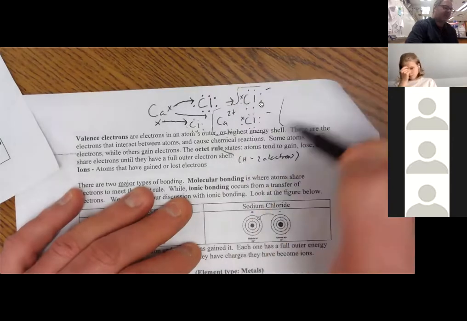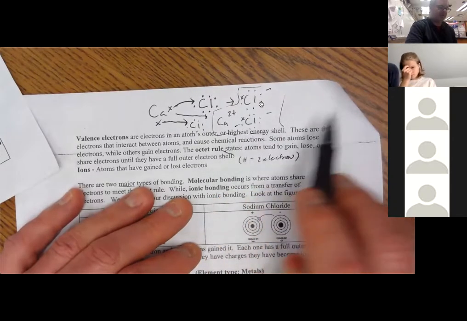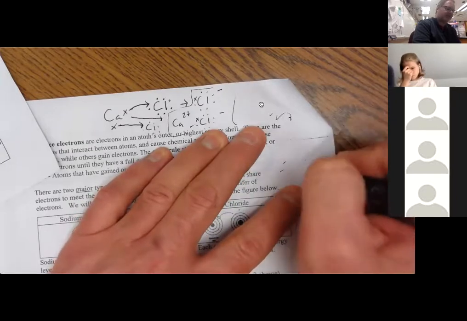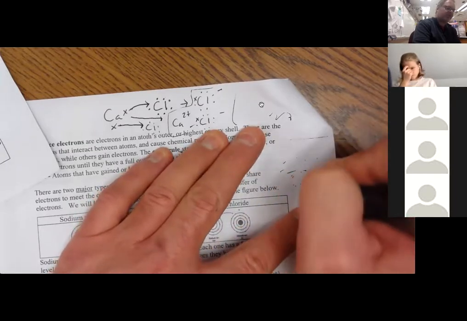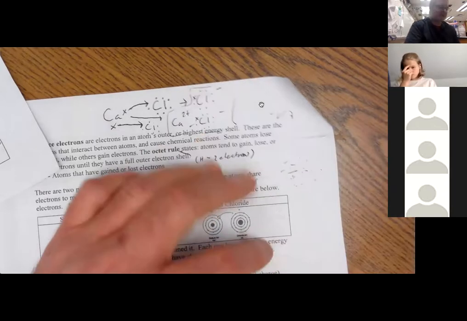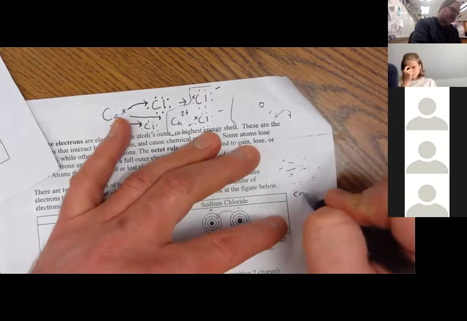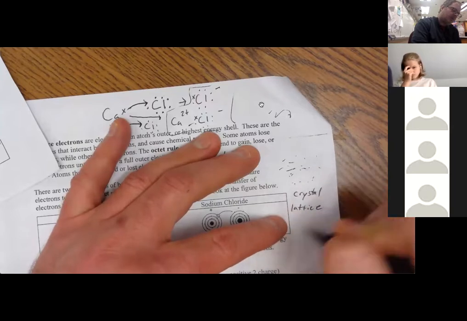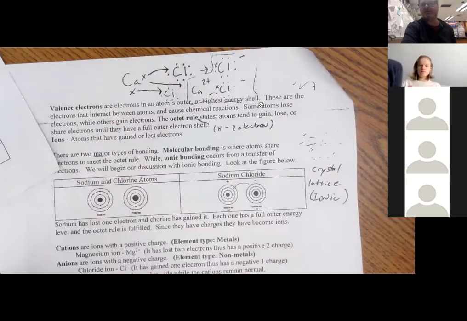Basically, you get this type of pattern repeating, chlorine, calcium, chlorine, repeating over and over and over again of all these atoms. That's called a crystal lattice structure. And it is very ionic to see that.